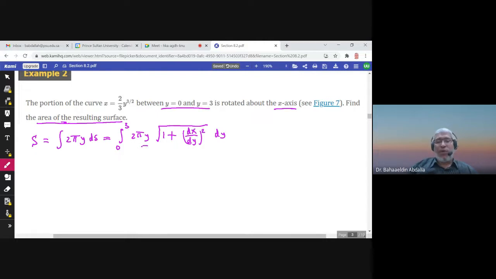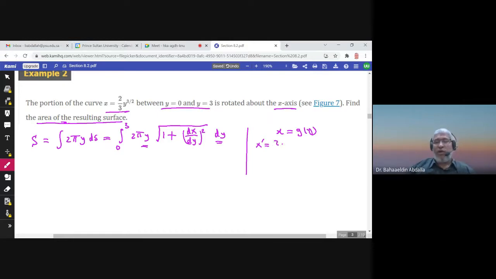Now this is y, and this is y, so good. I'm not going to write y as a function of x. Notice that since I'm using the integral with respect to y, the problem has to be given like this. I have to have x as a function of y, which is the case. So good. I need to find x prime, or dx/dy. So x prime is the derivative of x.